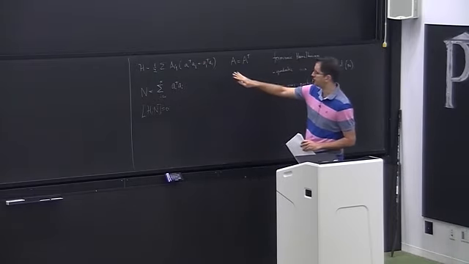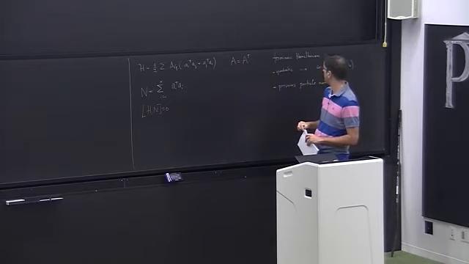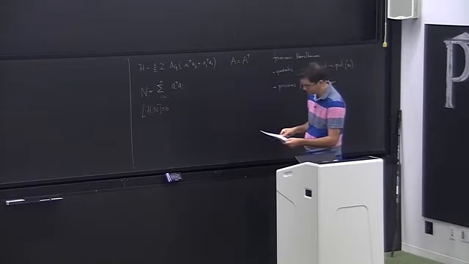So we'll be talking about this as a quadratic fermionic Hamiltonian which preserves particle number.